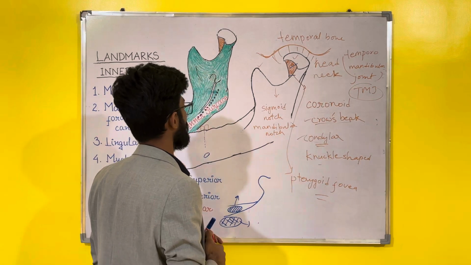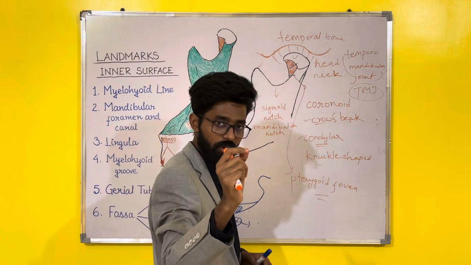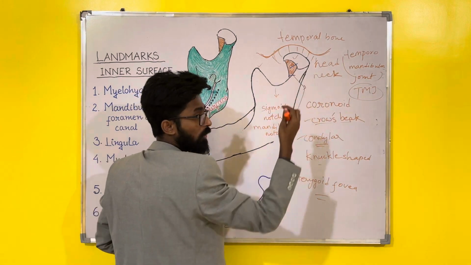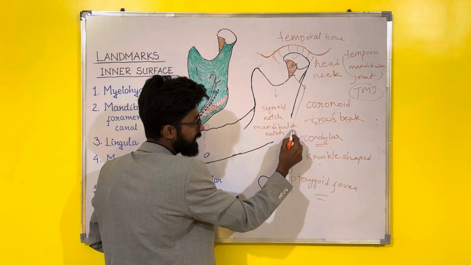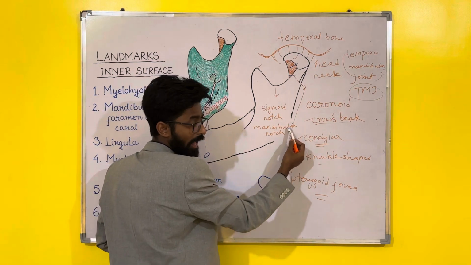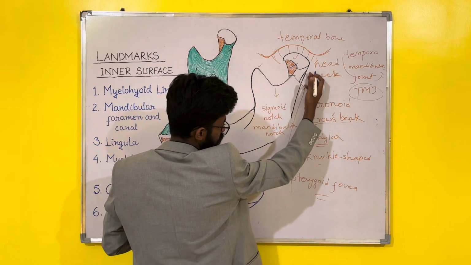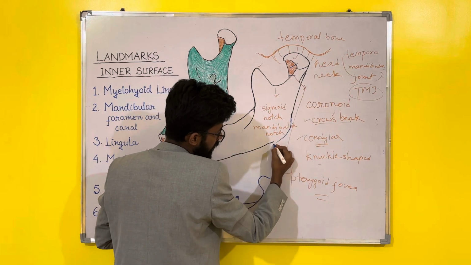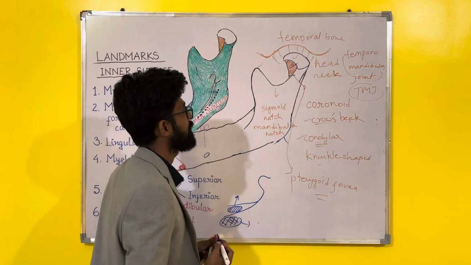Now talking about the borders, the anterior border and the superior border are very thin, while the posterior border is thick. The posterior border is continuous with the base of the mandible through the angle of the mandible, right?